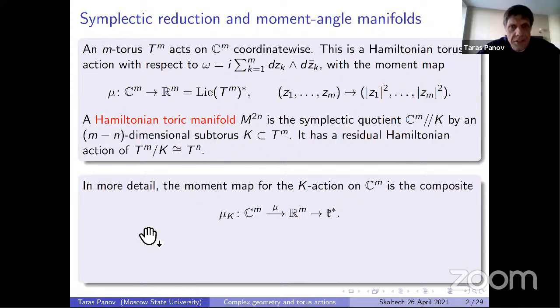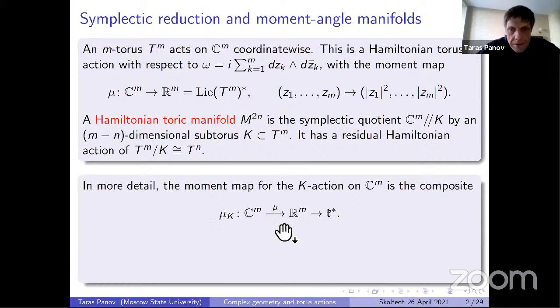In more detail, what's the symplectic quotient? This is the standard moment map for the action of the torus T^m. The Lie algebra of the subtorus includes in the Lie algebra of the big torus, and therefore the dual Lie algebra of R^m projects onto the dual Lie algebra of the subtorus, and the moment map is just this composite.